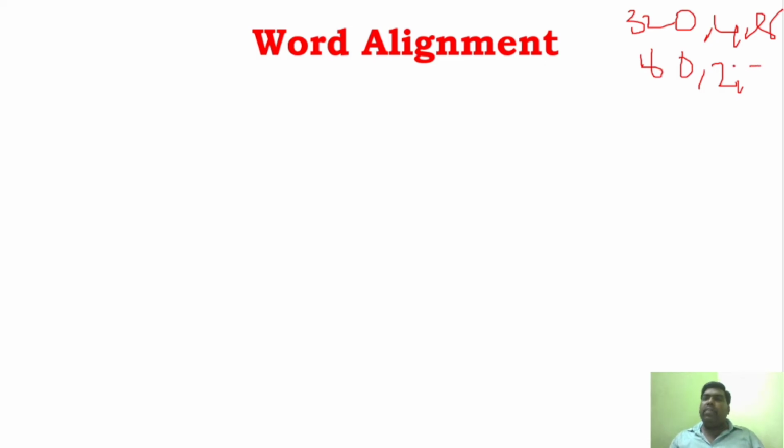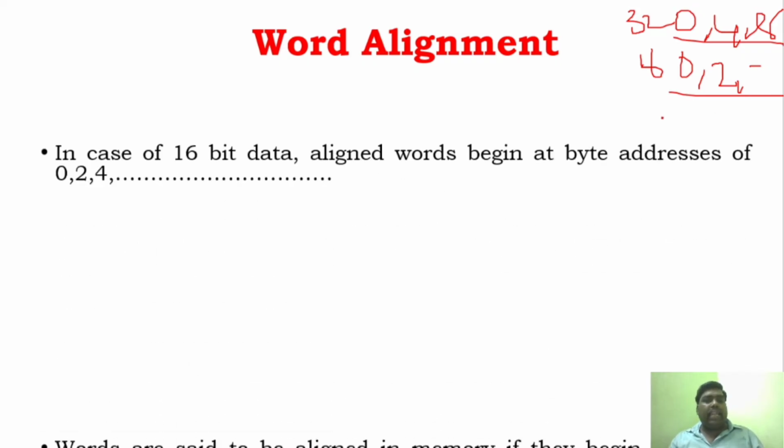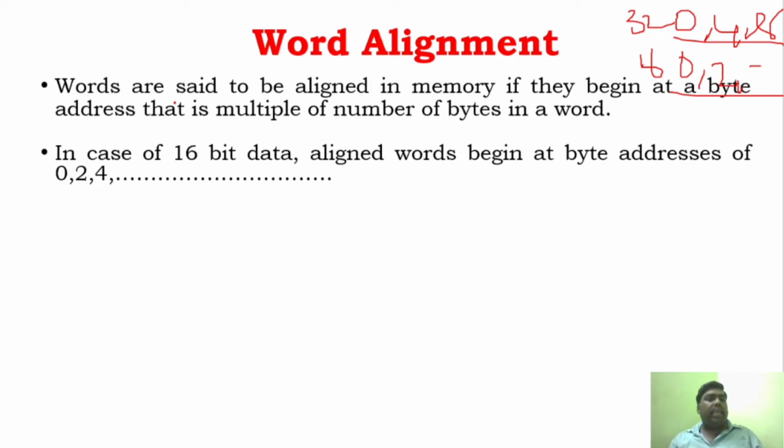So if the word allocated in the memory has the address in this particular order, if it obeys this order, then it is called an aligned address. The words are said to be aligned in memory if they begin at a byte address that is a multiple of the number of bytes in the word.